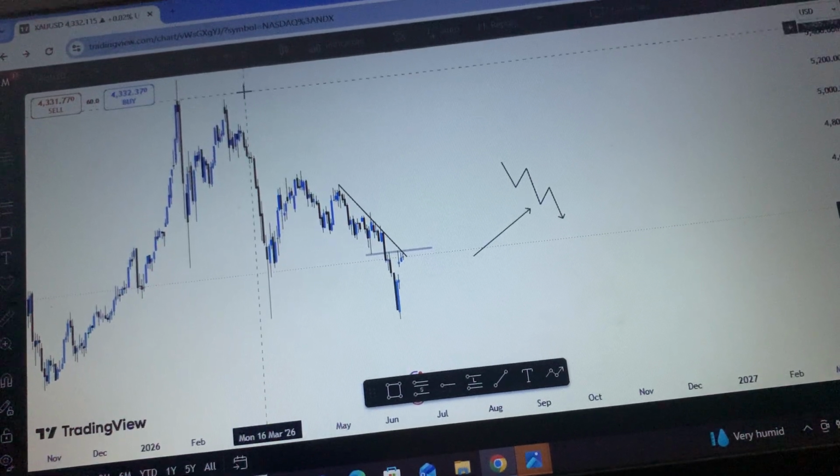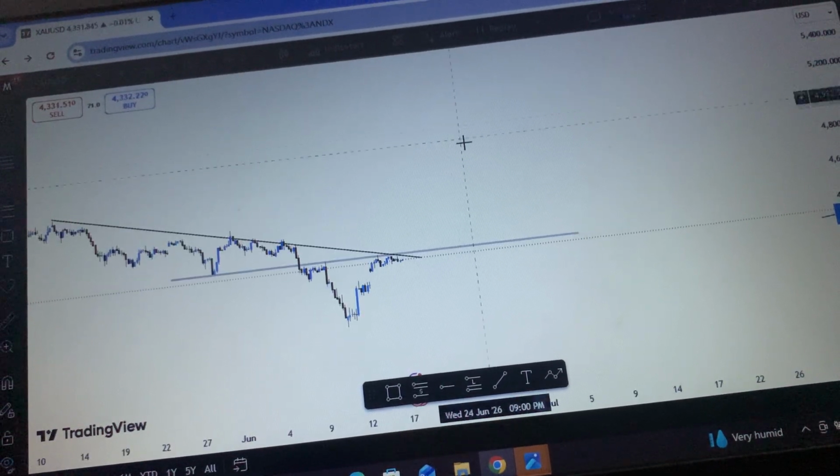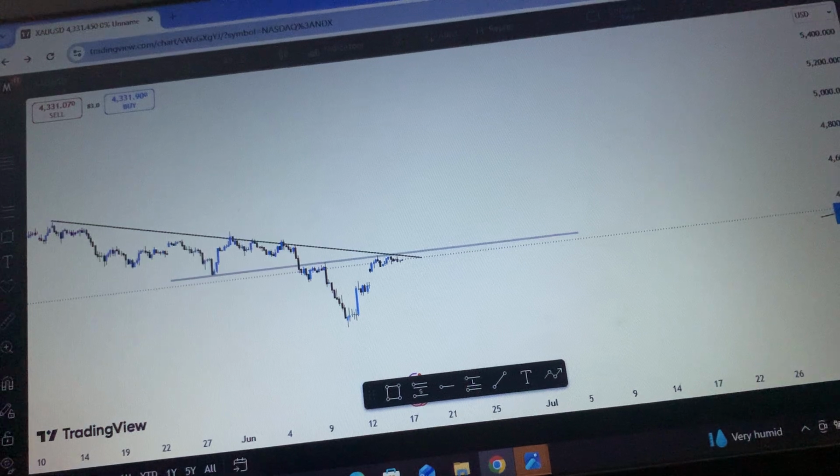So let me scale down to the 4 hour time frame and see what is happening at this area.